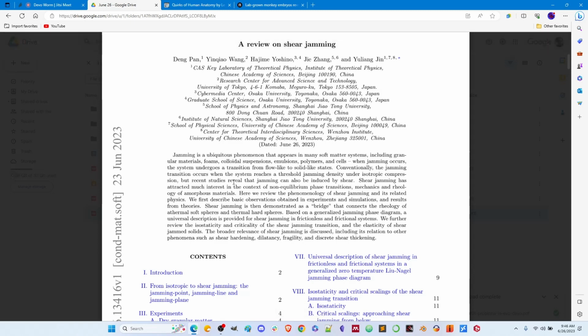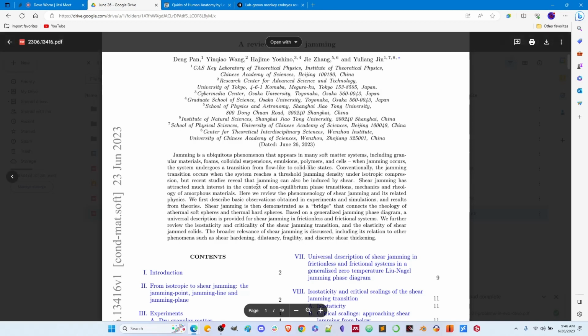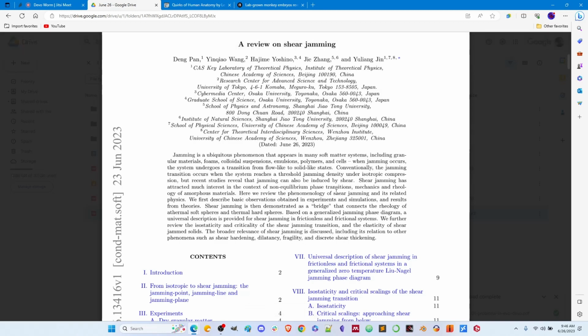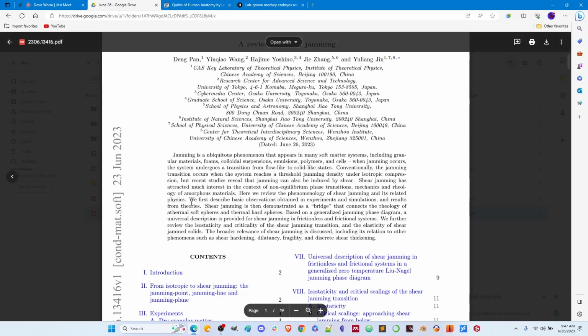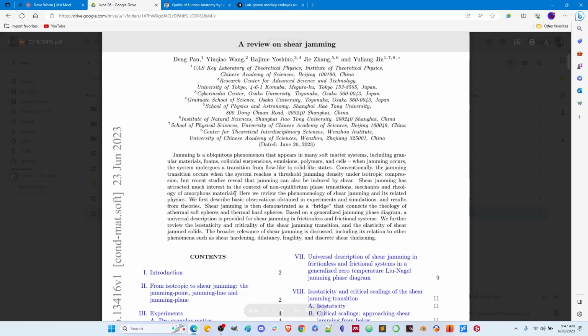But recent studies reveal that jamming can also be induced by shear. Of course, we've talked about shear and the role of shear in cellular mechanics. Shear jamming has attracted much interest in the context of non-equilibrium phase transitions, of which jamming phase transitions are one, and the mechanics and rheology of amorphous materials.